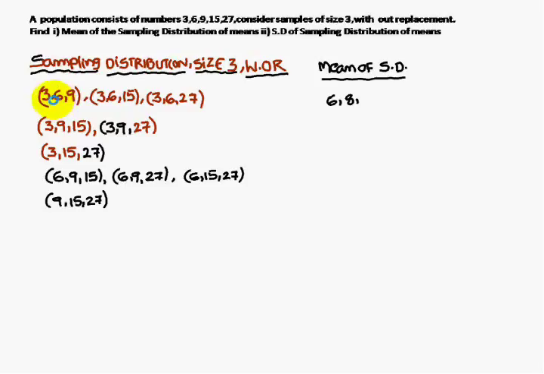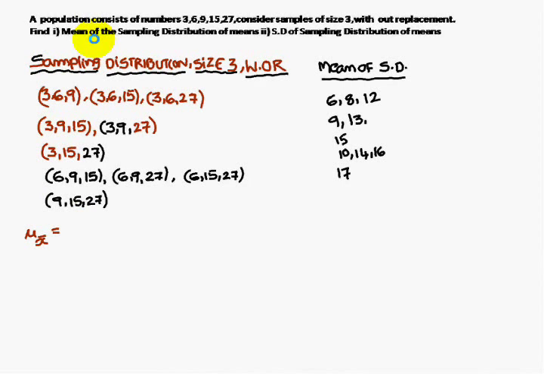For the first group, 3, 6, 9, that is 18 by 3, which is 6. For the next one, 15 plus 6 is 21, plus 3 is 24, by 3 is 8. For each group you find the average, and you get these averages.